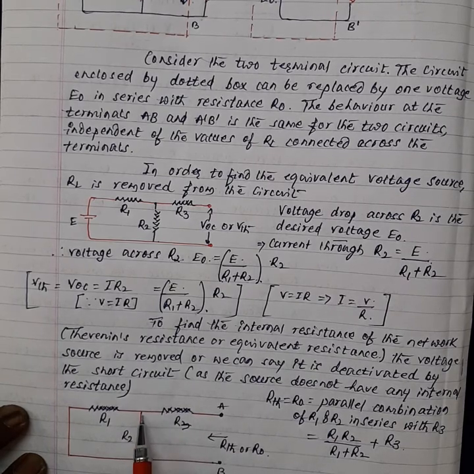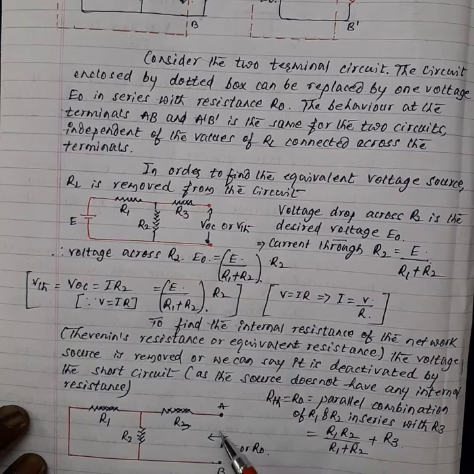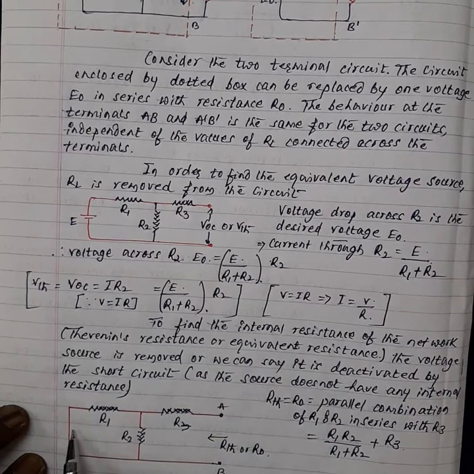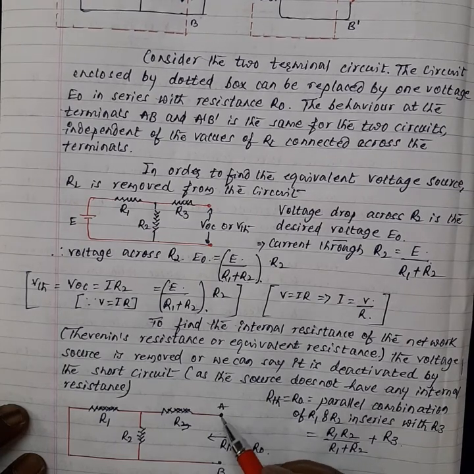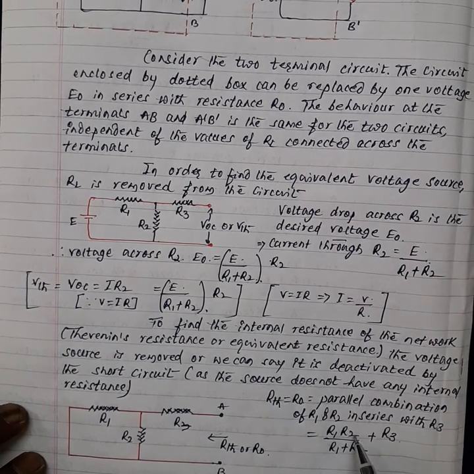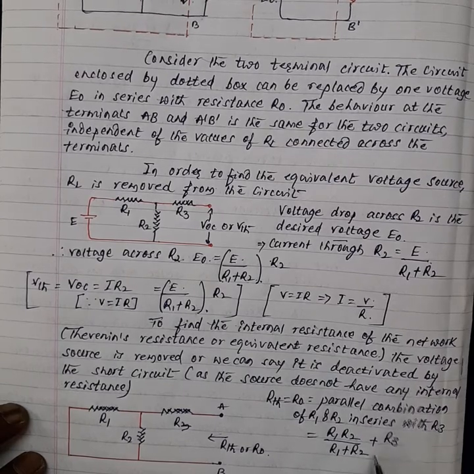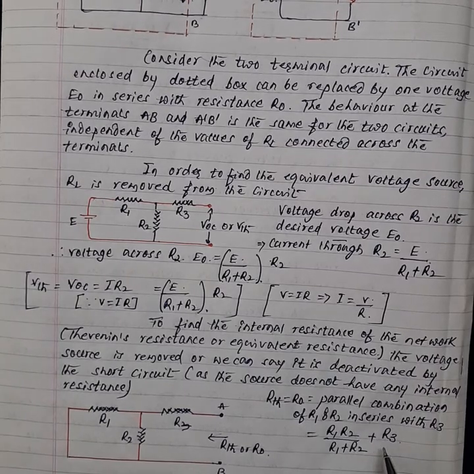Here you can see why we are calling this a series, because the second terminal is open here. So as there is no voltage source, we can directly calculate the internal resistance at A and B by using R1 R2 divided by R1 plus R2, plus R3.